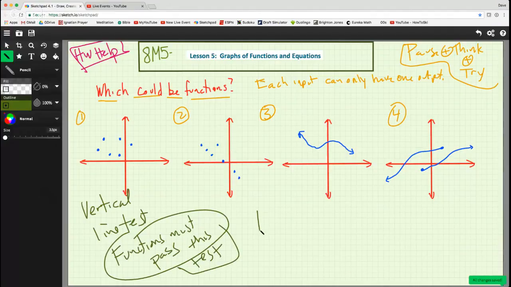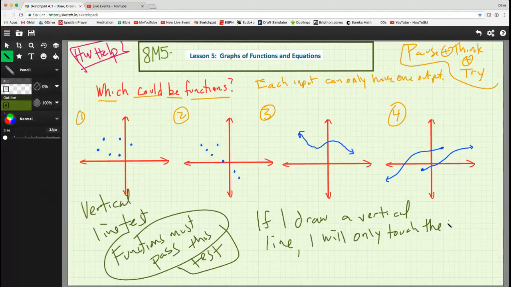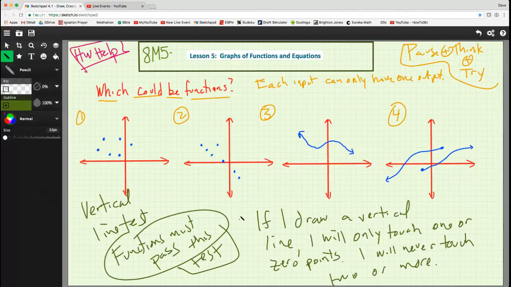And the test is, if I draw a vertical line, I will only touch 1 or 0 points. I will never touch 2 or more. That's the vertical line test.